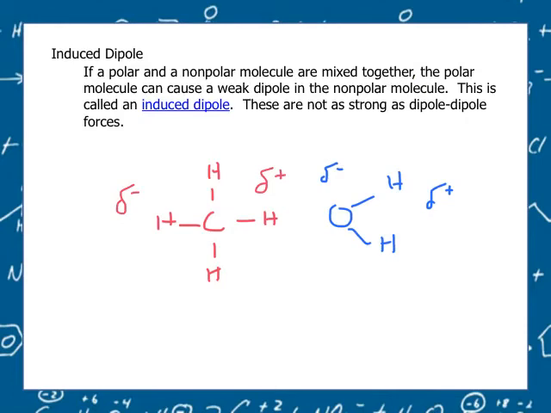So while these two are in close proximity, now we can have some attractive forces. But as soon as these molecules drift apart, this is going to go back to just an ordinary nonpolar compound, and the attractions will disappear. So these aren't as strong because they're temporary, only when these are near each other.